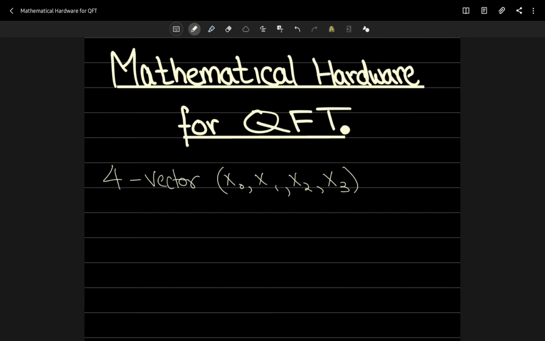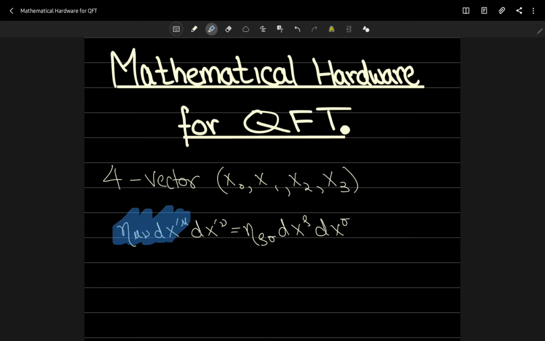Then in any other reference frame that an observer may choose, there is a relation that must be satisfied, and that is eta mu nu dx prime mu times dx prime nu is equal to eta rho sigma dx rho dx sigma, right? So this relation must be satisfied.